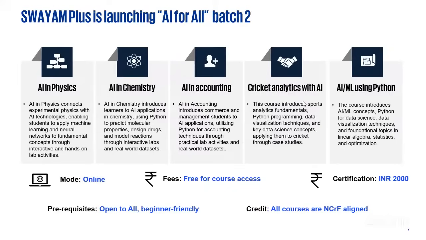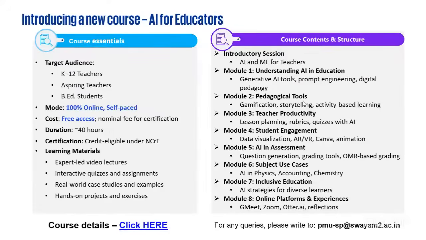So to summarize, these are the 6 courses available in batch 2: AI in physics, AI in chemistry, AI in accounting, cricket analytics with AI ML using Python, and the brand new course AI for educators. The registrations are open now. In a couple of minutes, I'll invite the team from IIT Madras Pravartak to explain how to register on the portal.